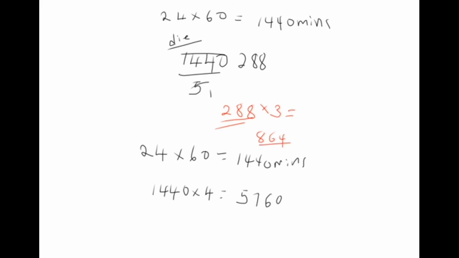These are the number of antelopes who will die. Therefore, we shall have 5760 minus 864.